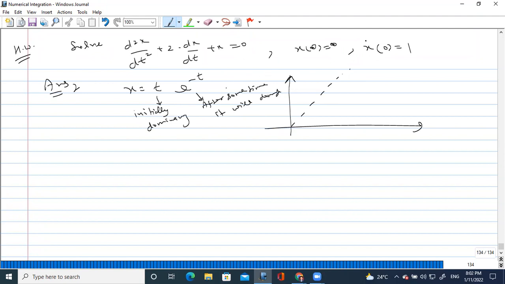Initially the value is 1 only, so that's why initially this is dominating. So initially my curve will go as per x equal to t, and after that it will start decreasing exponentially. So then this curve will go like this. You should get that type of skill, that we can make a combination of two graphs. Note this down. Here I am denoting x, here t.